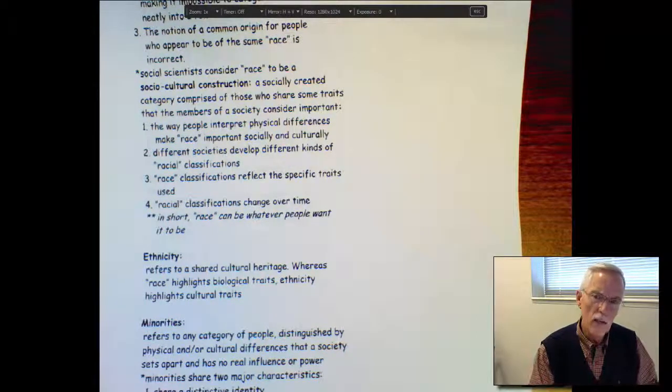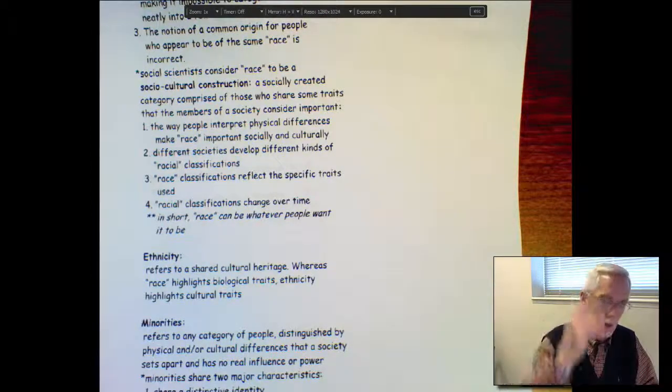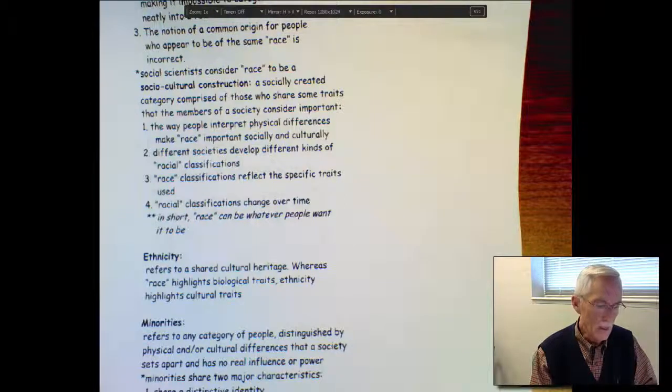So in the end, we got to ask another question. Why do societies make so much of race? Well, some researchers argue that such categories allow societies to rank or arrange people in a hierarchy, giving some at the top more money, power, prestige, and other valued resources.